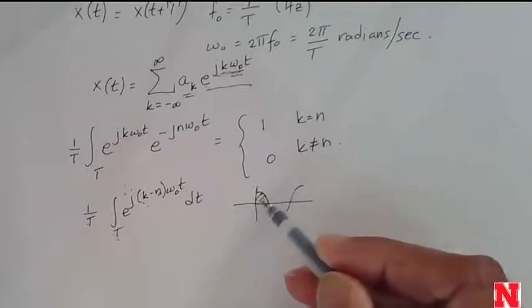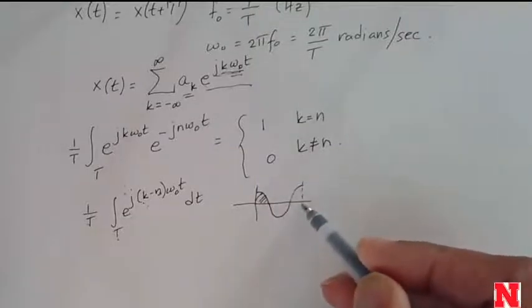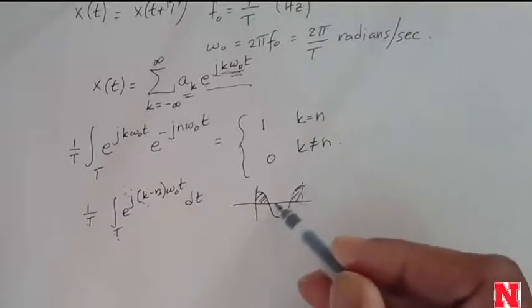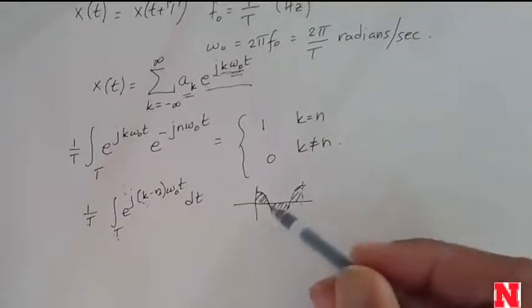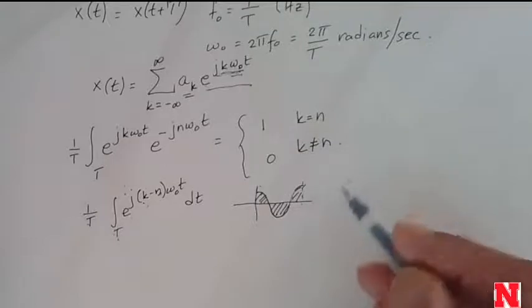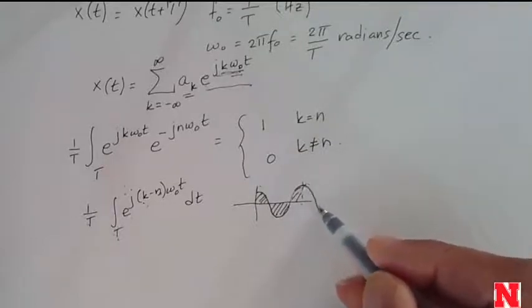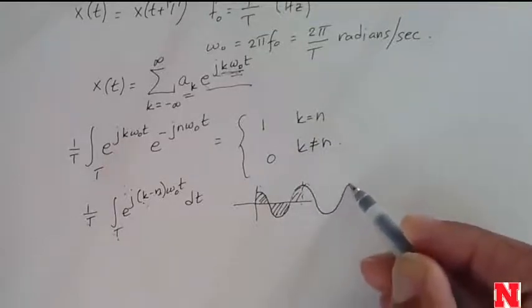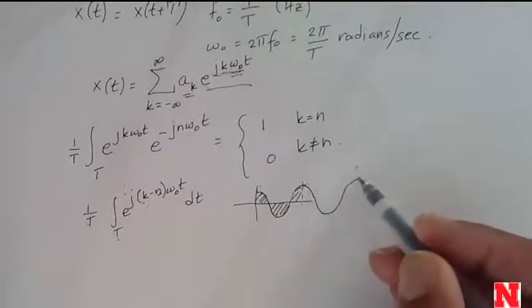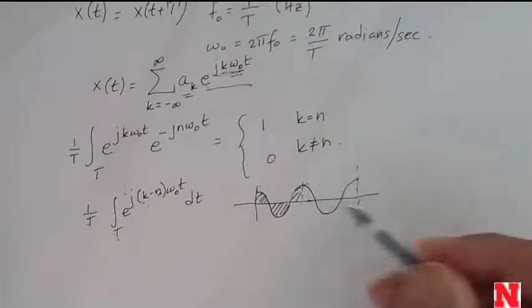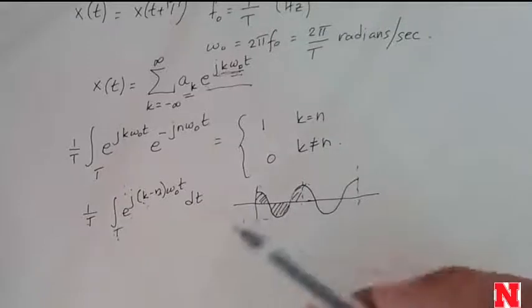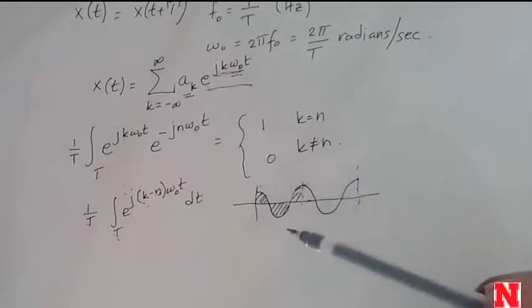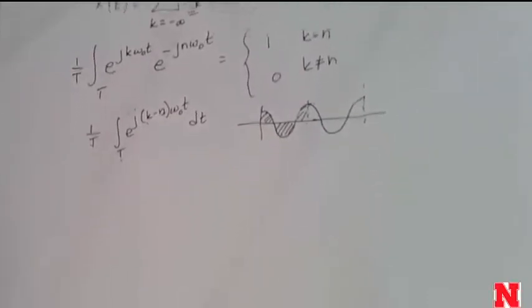If I integrate it over one period, this area is equal to this area, and so the integral is going to be 0. If it's integrated over two periods, it doesn't matter. We get the same thing happening over and over again. So as long as we integrate over an integral number of periods, the integration is always 0. Okay, so the math I have in the notes. So take a look at that.